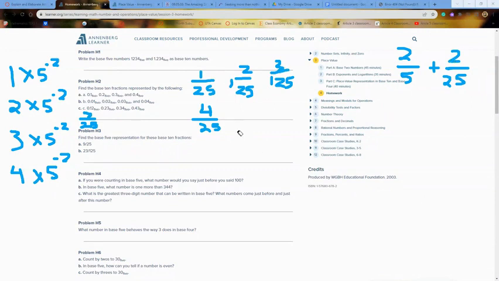Okay, so I'm going to get my eraser. Instead of having 2 here, I'm going to have 3. Now I'm going to do the same thing as last time. 5 times 5 is 25. 5 times 2 is 10. Plus 3 over 25. And this would be 13 over 25.